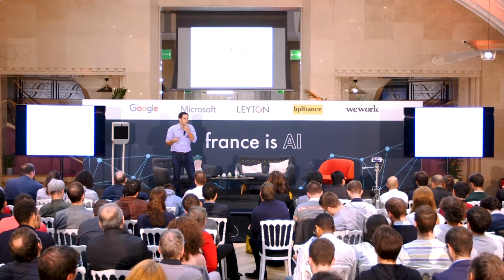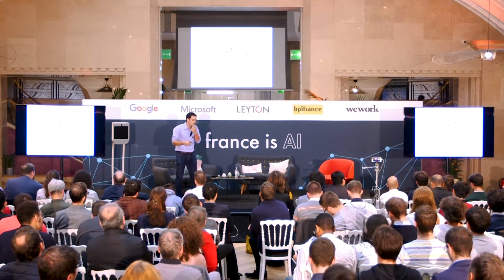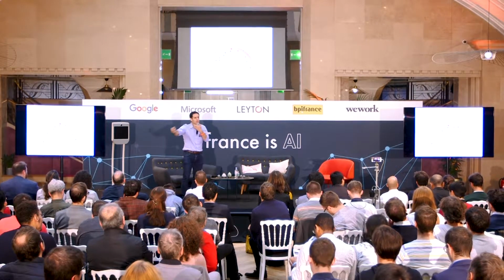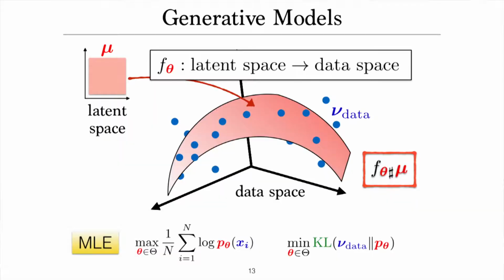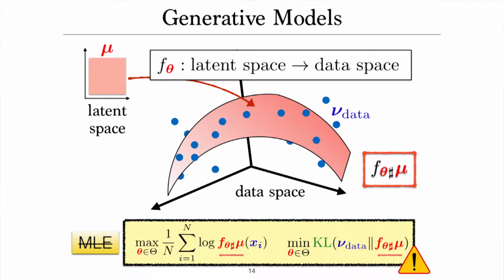And the answer is no. Because obviously, if you look at this manifold, it only covers a very thin portion of the space. It is essentially saying that most of the space has probability 0, and the only area that has a positive probability is the very thin space there. So maximum likelihood doesn't work, right? So to estimate generative models, we have to come up with a workaround.